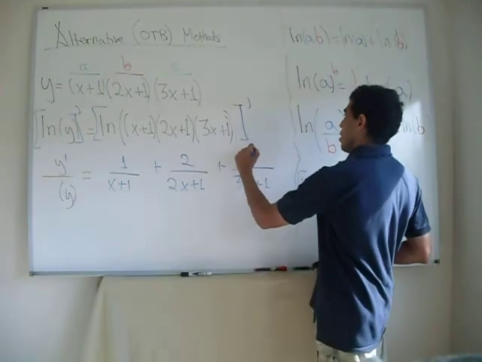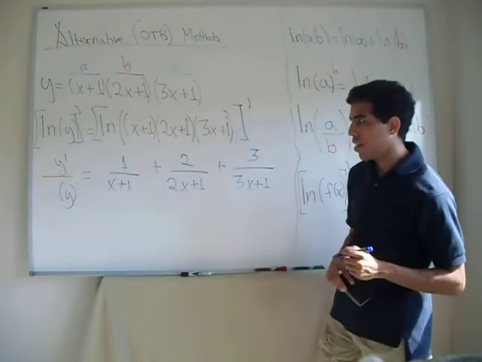The derivative of 3x is 3. And there you go.